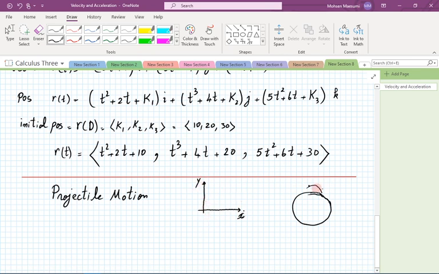An object that we throw and there are no additional forces acting on it is going to stay in a plane, and that plane we are going to call it xy plane or ij plane. And so we take an object and throw it, and it's going to travel like this. So the object is traveling under the force of acceleration.